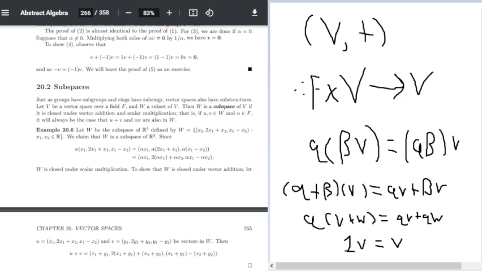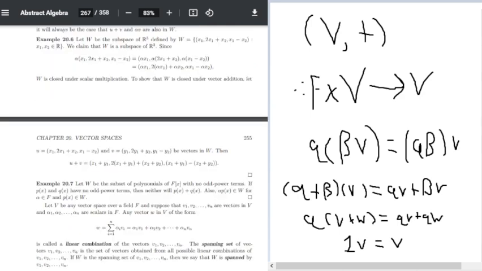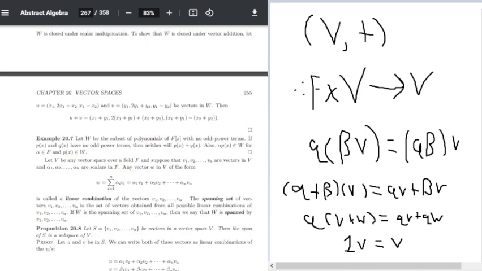W is closed under scalar multiplication. To show that W is closed under vector addition, let u be equal to (x1, 2x1 plus x2, x1 minus x2) and v be equal to (y1, 2y1 plus y2, y1 minus y2) be vectors in W. Then we have this horrible distributive thing.